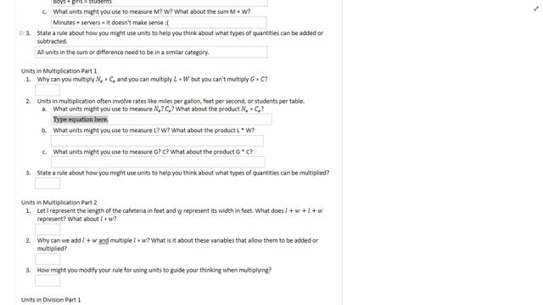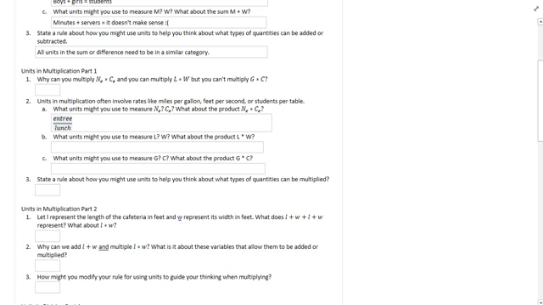So if we're looking at number of entrees, we've got entree per lunch times cost per entree. Remembering back to when you started multiplying fractions, one of the tricks you've probably seen is something called cross-canceling, where you look at the diagonals and you see if there's something in common.